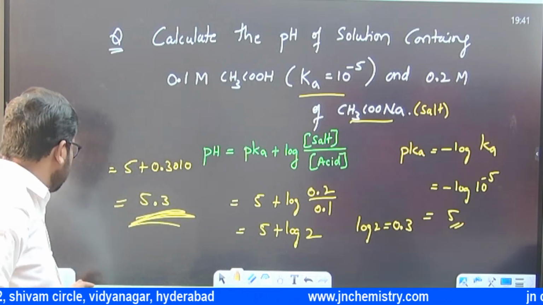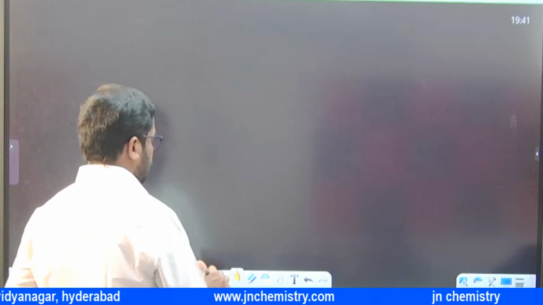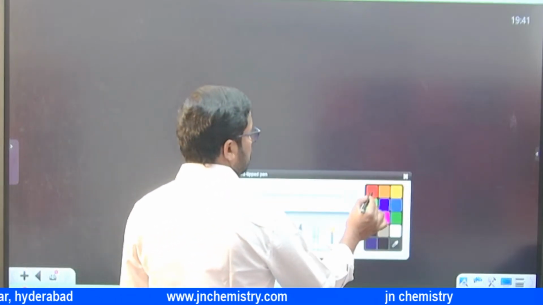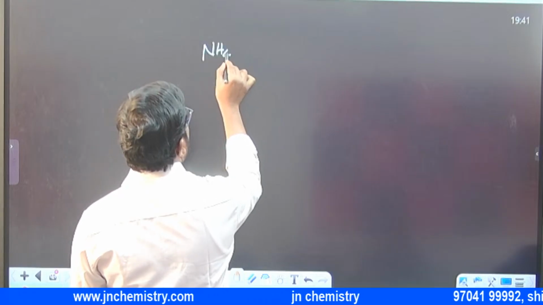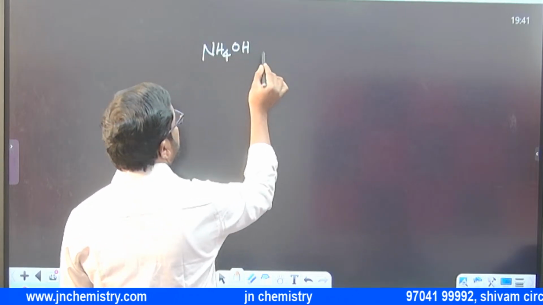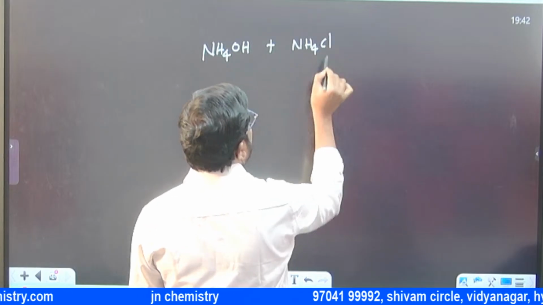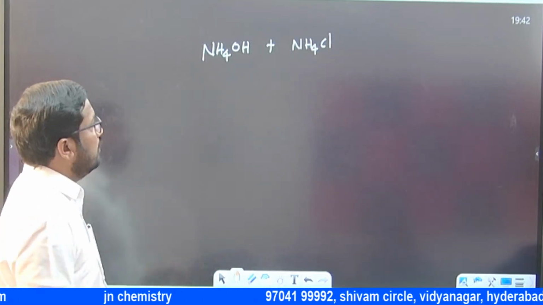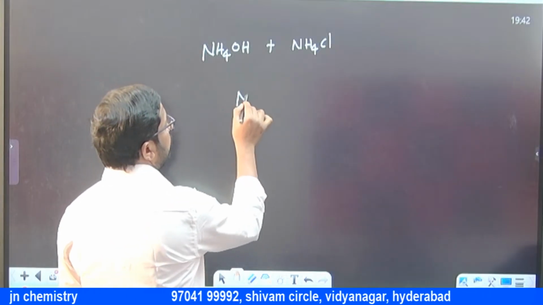Then, for example, basic buffer for OH. Weak base and its salt of strong acid. Weak base, how can we write?